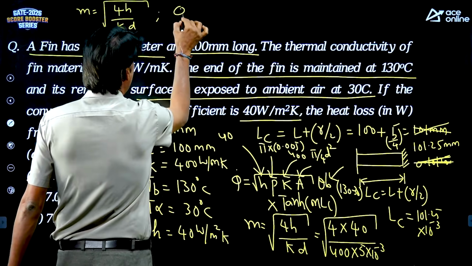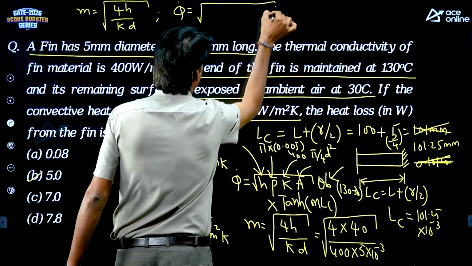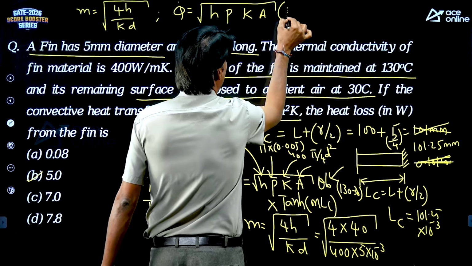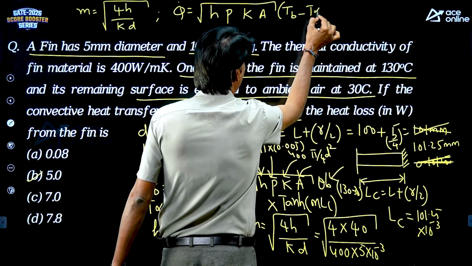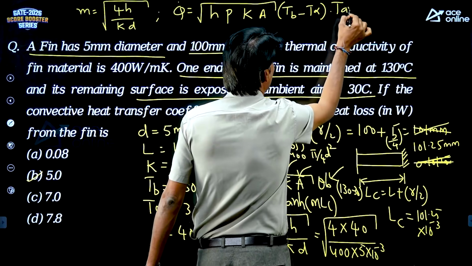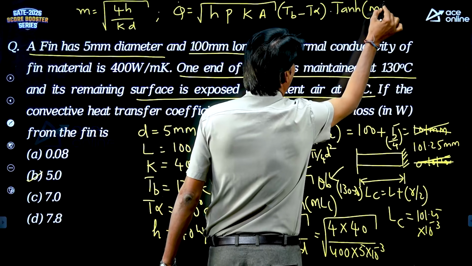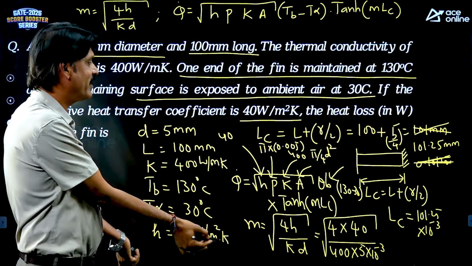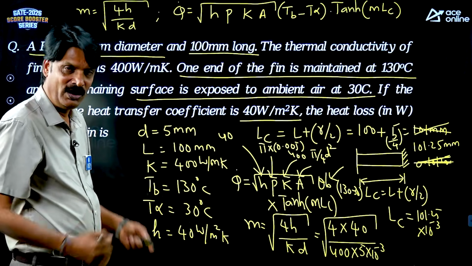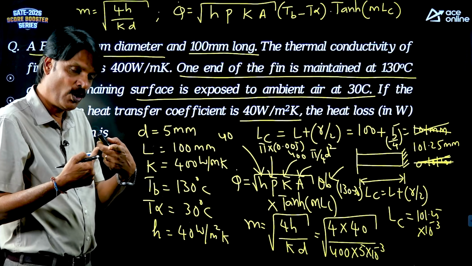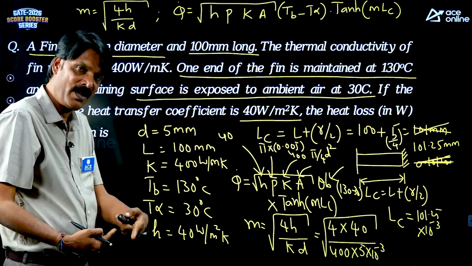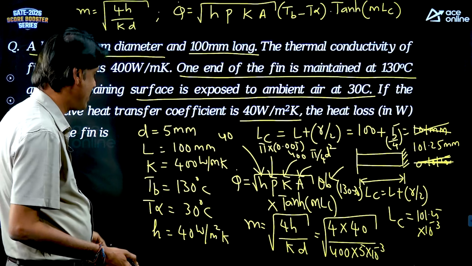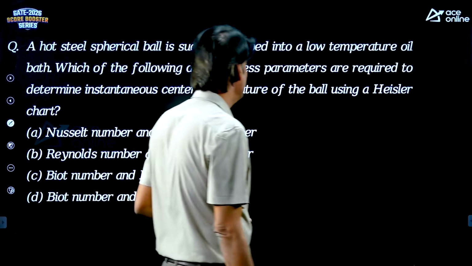Then I substituted in the relation under root of h into P into k into A into base plate minus ambient, into tanh of m into LC. If you substitute, you will get the answer. This is a question where you are tested on concept and your mathematical ability to calculate it on board. So, this is one more question.